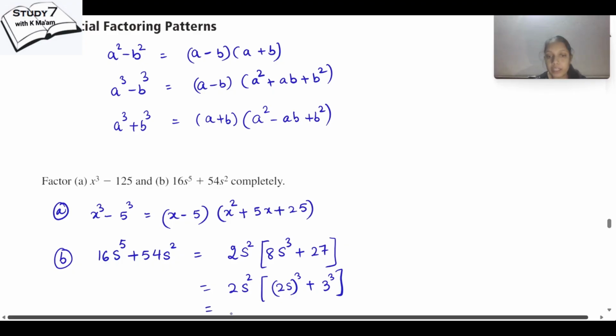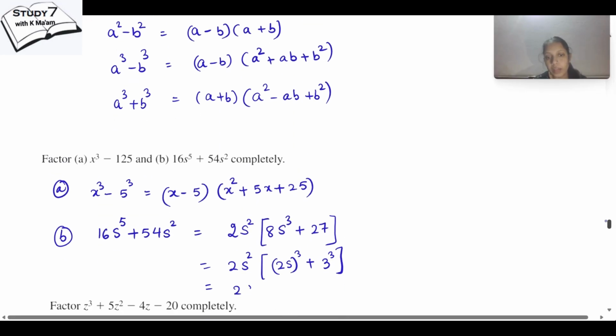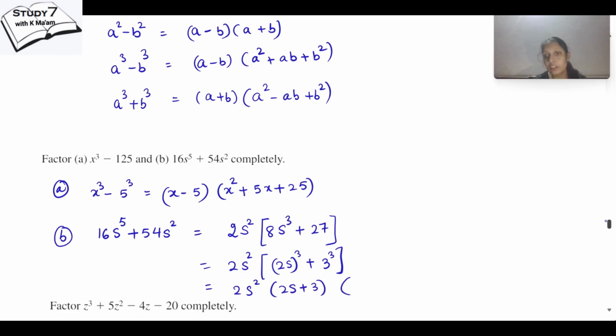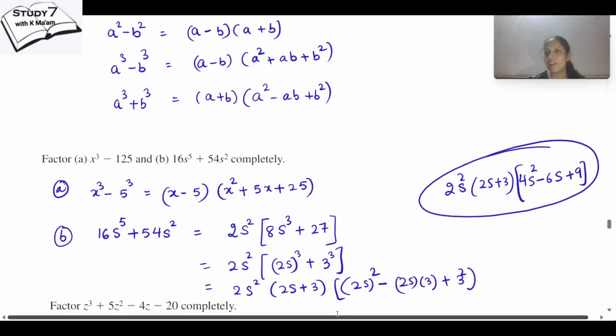And if you do factorization, it becomes 2s plus 3, 2s square minus 2s times 3 plus 3 square. Okay, you can open it. 2s square as it is, 2s plus 3, 2s whole square. It's 4s square minus 6s plus 9. So this is the factor. Okay.